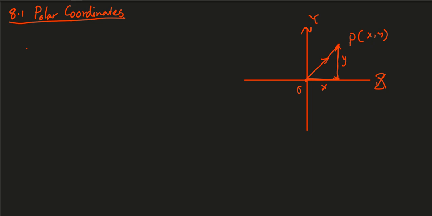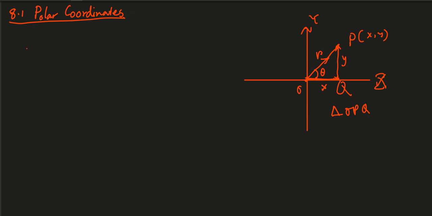The relationship between these you already know. If we say this is r, and the angle created here is theta, we can form a right triangle here. Let's say this triangle is OPQ. In triangle OPQ, we can relate x, y, and r.